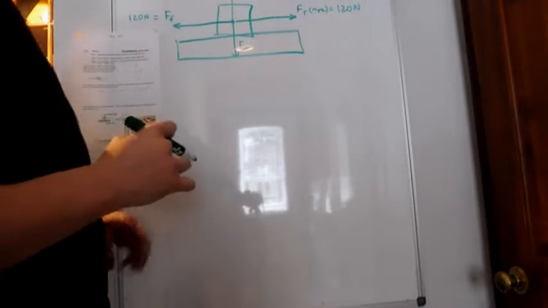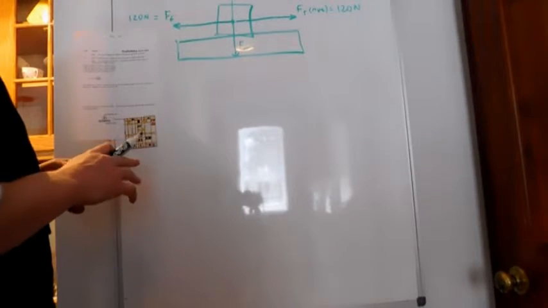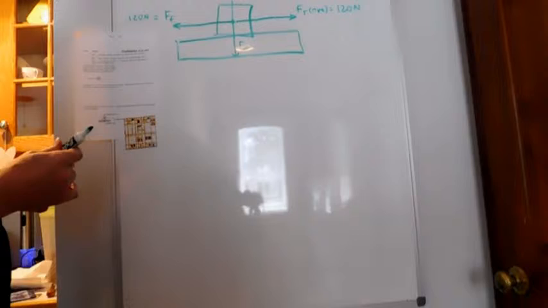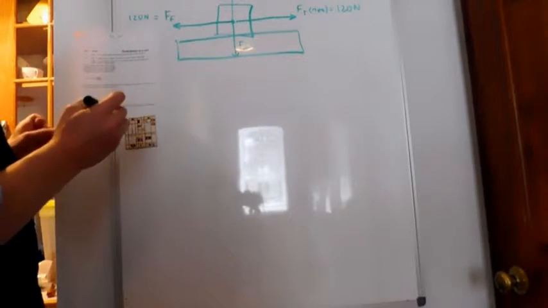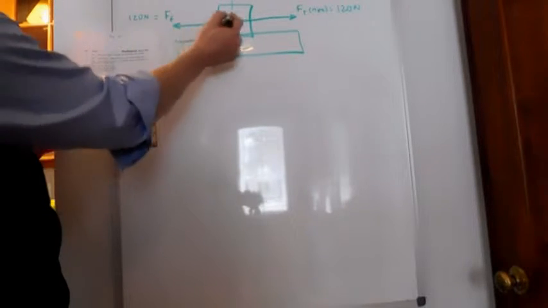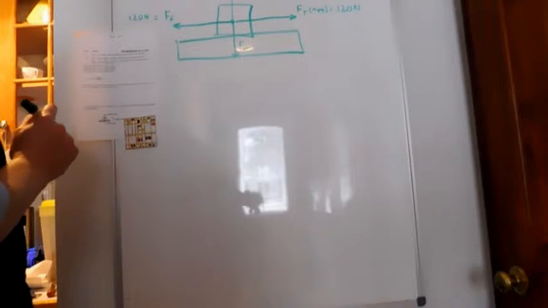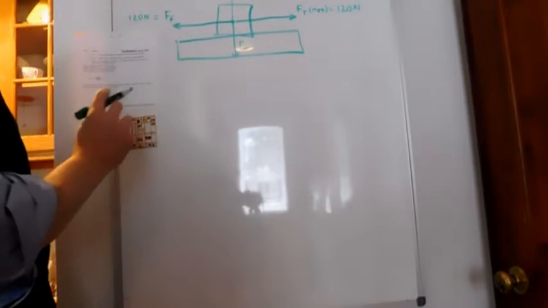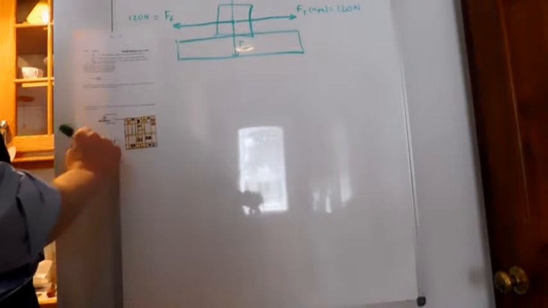What is that velocity? 0 meters per second. The block shown is at rest, and 0 is a perfectly legit constant velocity to be going at. So there it is. We have our 120 Newton force of friction pointing in the opposite direction of our force of tension. And that's all we need for that. We have the direction and we have the magnitude.